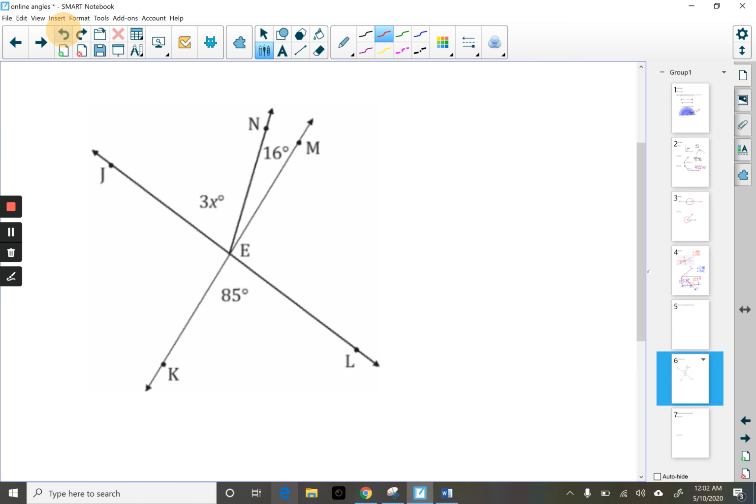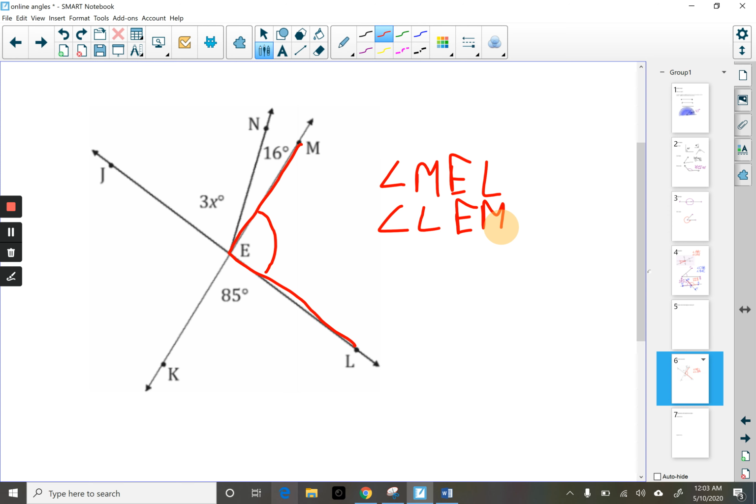Now, if I want to label any of these angles here, maybe to solve this problem we may need to look at the angle on the right first. That would be this angle right here. This is angle MEL or angle LEM. Both of those represent that angle right there.